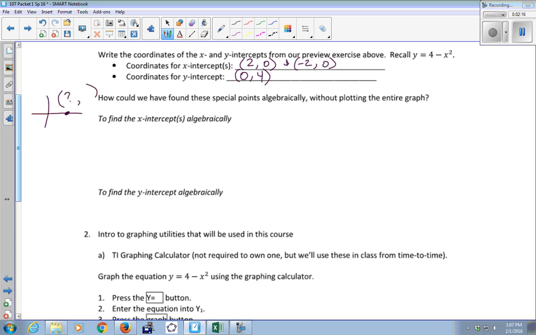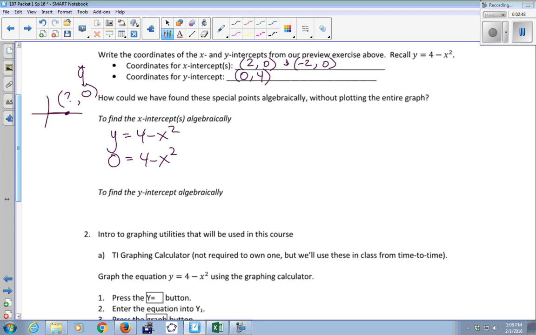To get to that point, you go some distance to the right or to the left. And then what's the y coordinate? 0, right? So if you want to find an x-intercept, the thing you know is that y is 0. So you start with your equation, y equals 4 minus x squared, and make the y a 0. And then you solve for the x, because that's the thing you're looking for, the x coordinate.